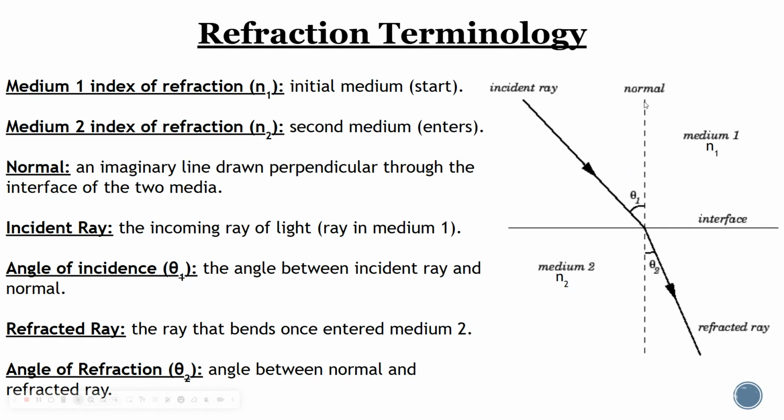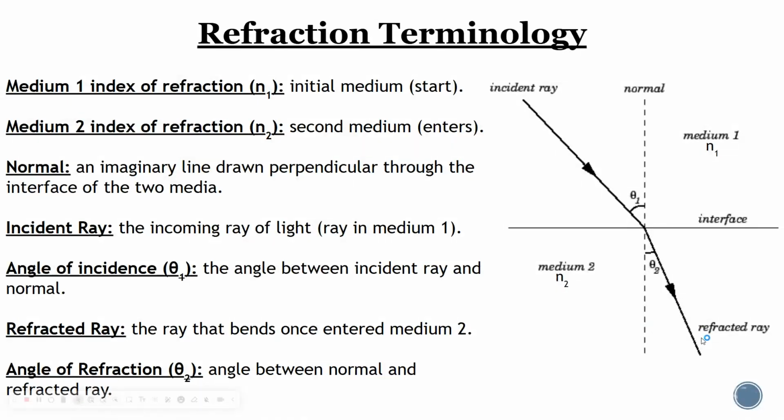Just like with mirrors and reflection, you can draw a normal that's 90 degrees to the surface between the two media. The reason you draw that normal is so you can measure angles. The angle between the incident ray and the normal is called the angle of incidence. We call it theta 1 here instead of theta i, but you could also call it theta i.